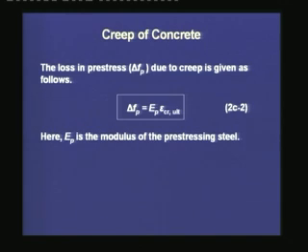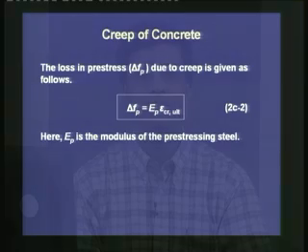Now, once we know the creep strain, the loss in the pre-stress due to creep is given as delta Fp equal to the modulus of the pre-stressing steel times the ultimate creep strain. Here we are assuming strain compatibility of the concrete and the prestressing steel.